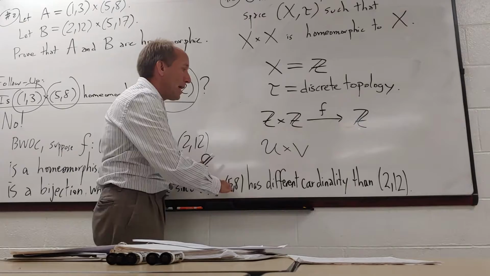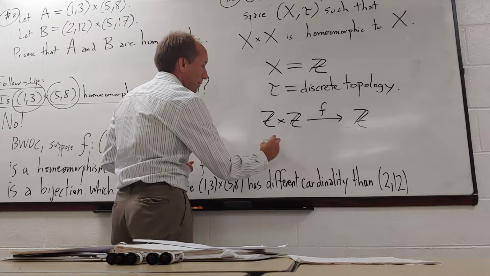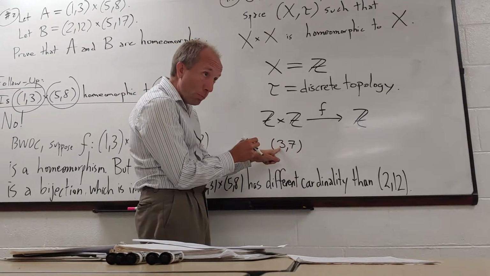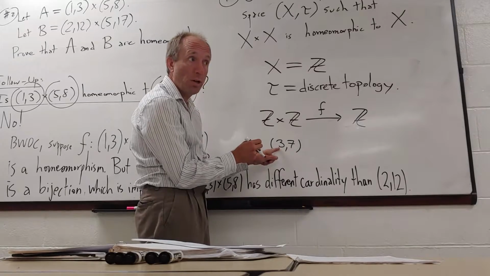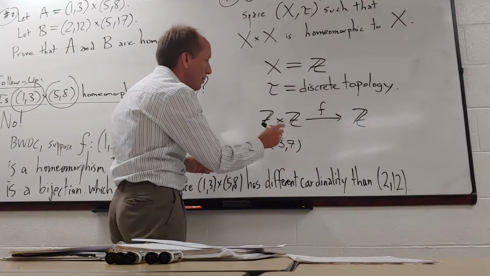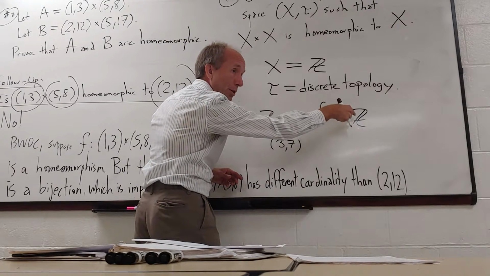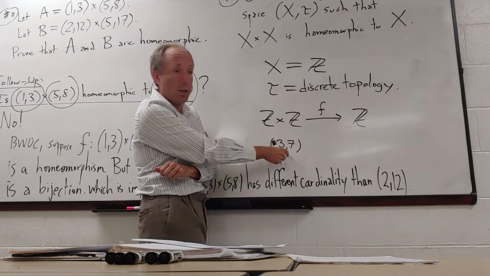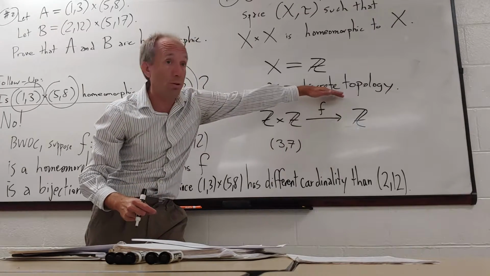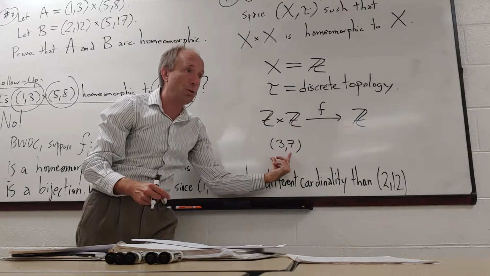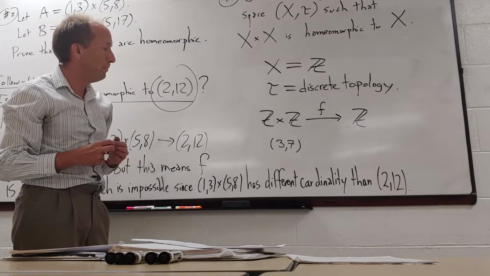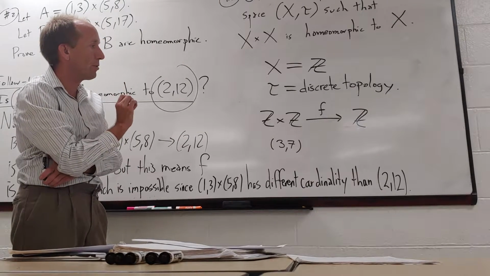Yes, because if I take any point, for example, the point (3, 7), well, 3 is open as a singleton because it's going to be the pre-image of some singleton on this side. Actually, hold on a second. What I basically mean is, because this is a bijection, this whole point will be the pre-image of some integer. So any singleton integer over here is open if we use the discrete topology. Actually, no, I'm still not saying this right.